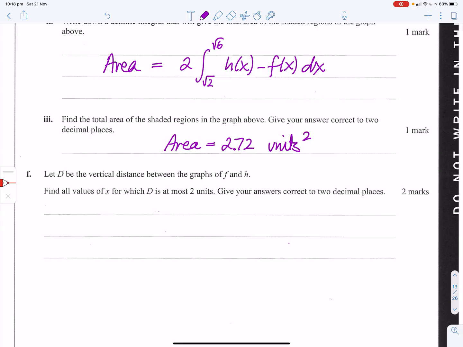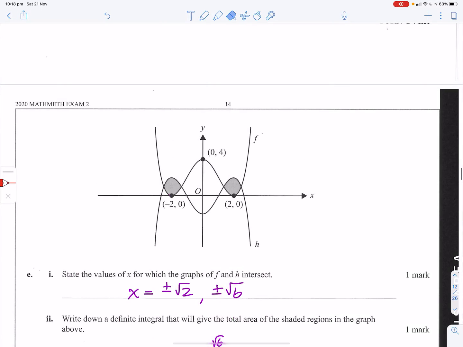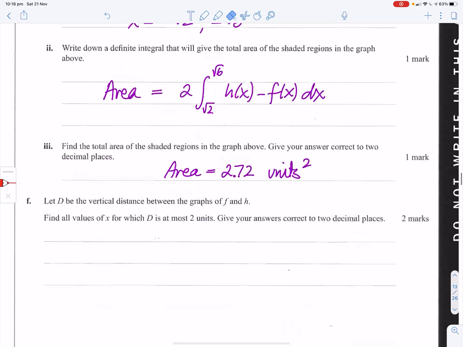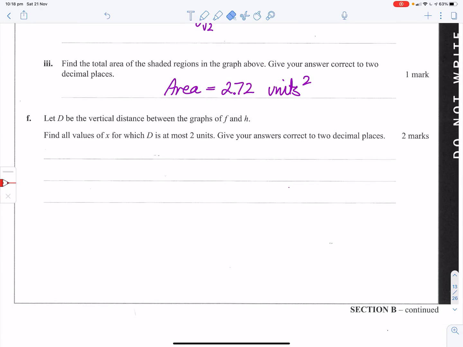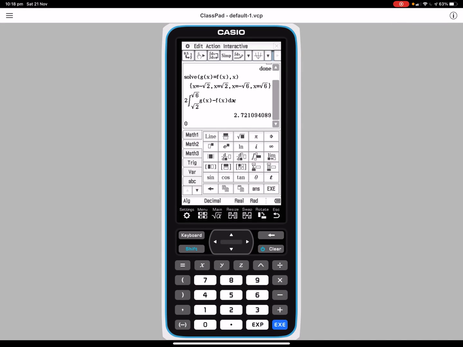Let d be the vertical distance between the two graphs. Find all the values of x for which d is at most 2 units. So we want the distance between these to be less than 2 units. So let's say d is, it doesn't really matter, but we can do h of x minus f of x, and we want the magnitude of that to be less than 2, but we don't have magnitude in methods, so let's just say h of x minus f of x.